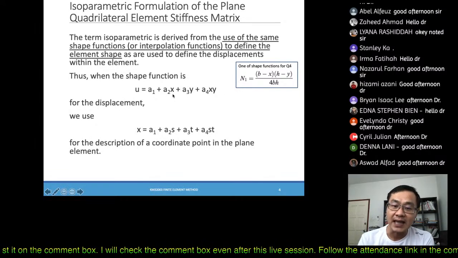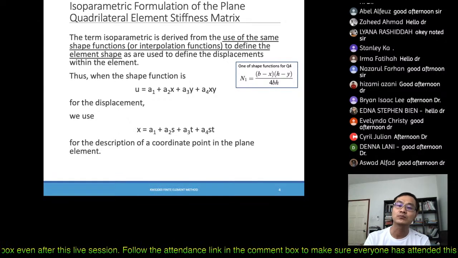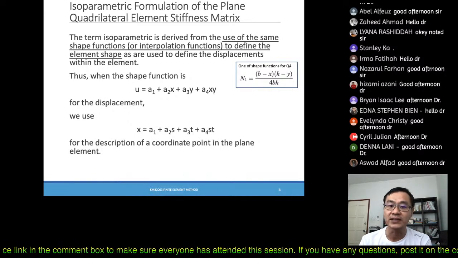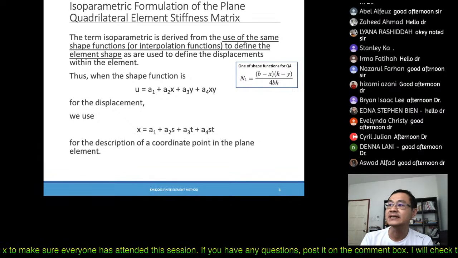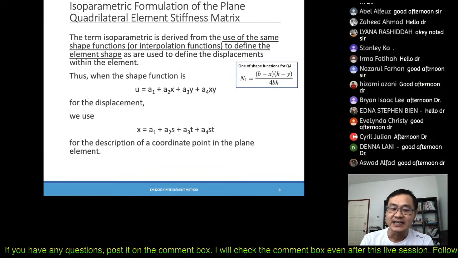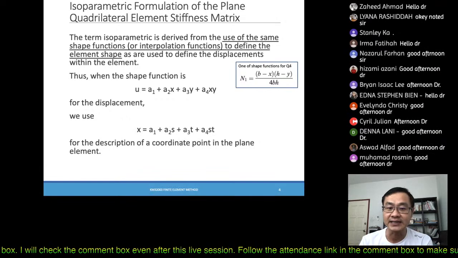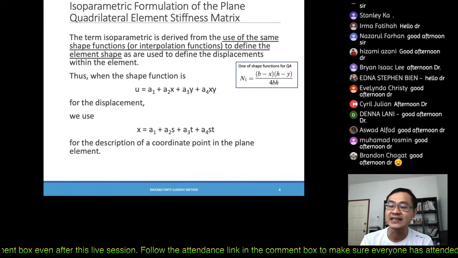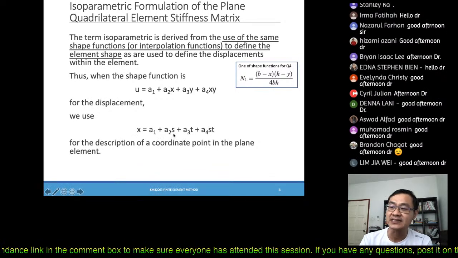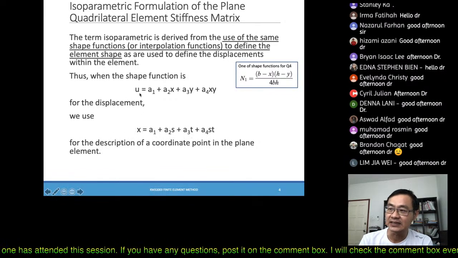So I will use x and y here just to illustrate that previously we depended mainly on the global coordinates, the x and y coordinates. Whereas in this isoparametric formulation, now we try to incorporate a natural type of coordinate, which we would use as s and t. So here we will use s and t to describe the similar shape functions.